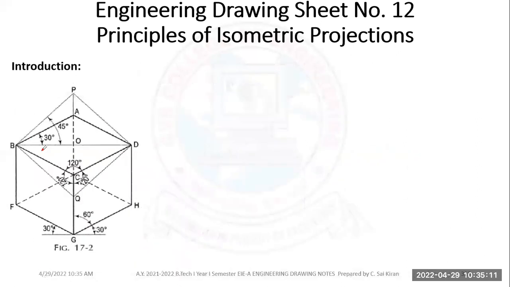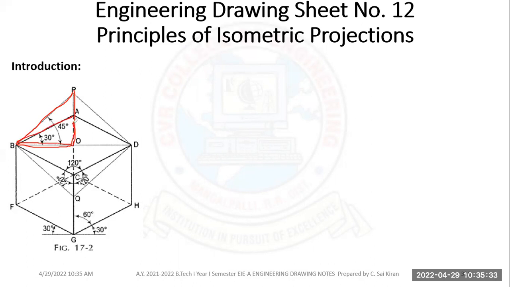Okay, so the angle is 30. This angle is 45. So there are two triangles: triangle PBO, making an angle of 45 degrees, and triangle ABO.